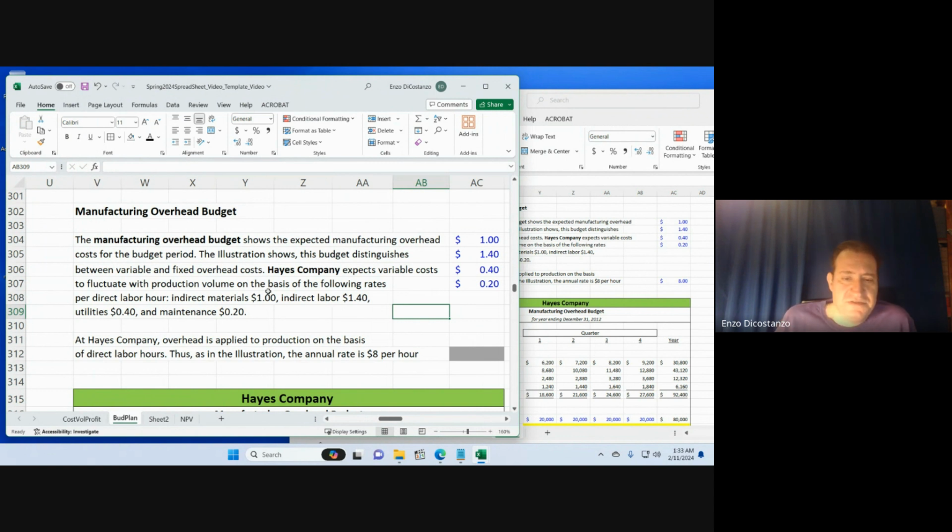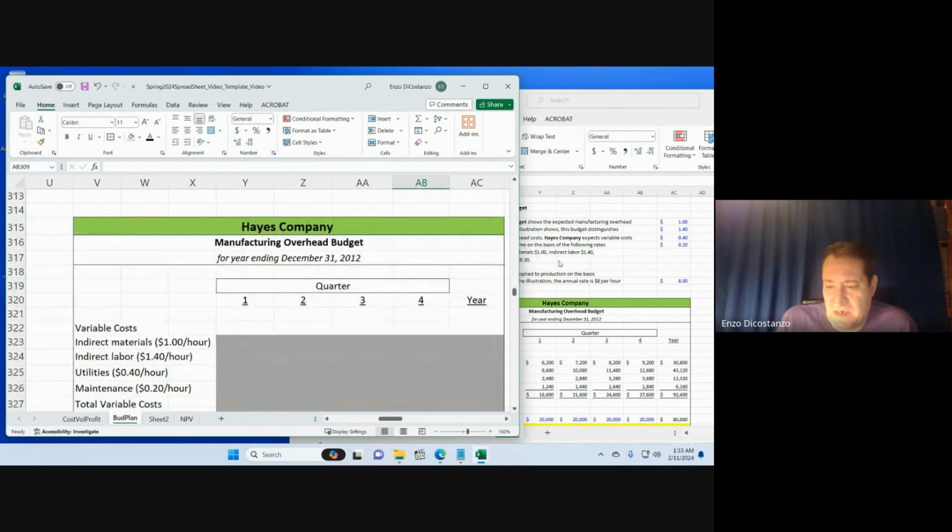So variable costs fluctuate with the production on the basis of the following rates per direct labor hour. In other words, based on the hours that we put in, indirect materials, these 4 quantities vary based on per direct labor hour. And then you're also given some fixed numbers. These are just given.